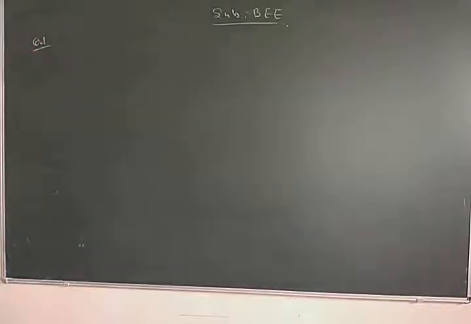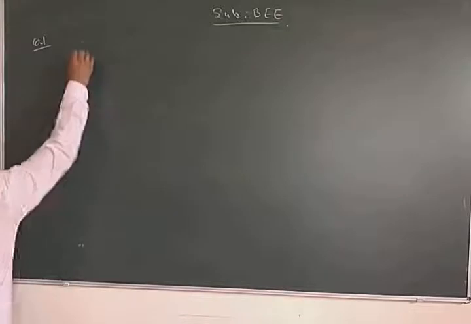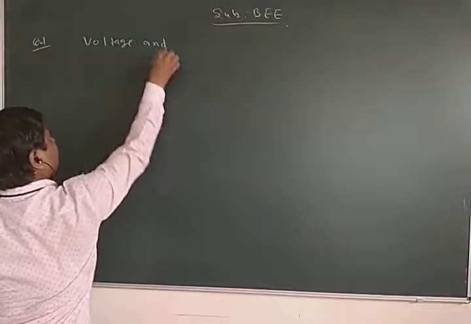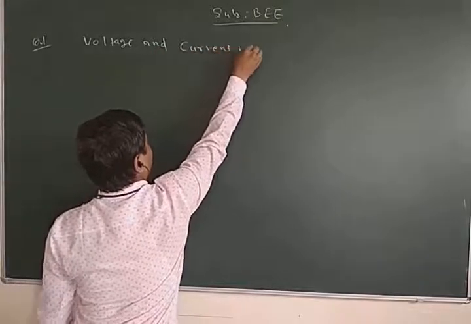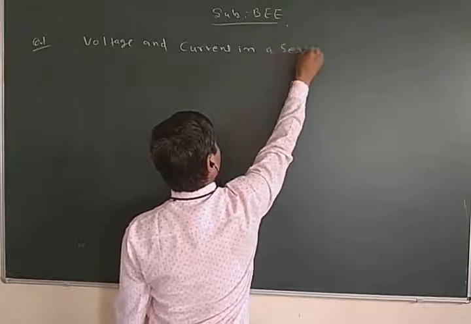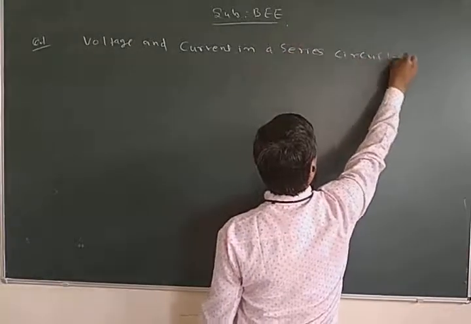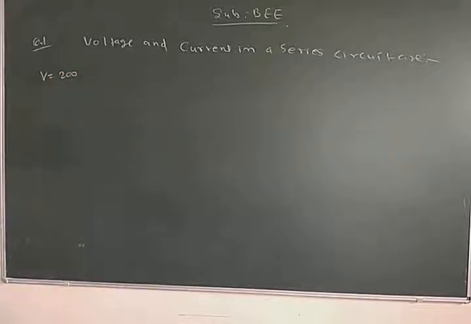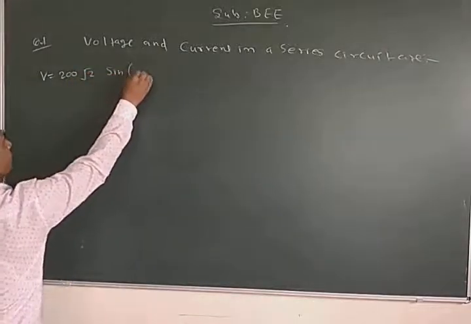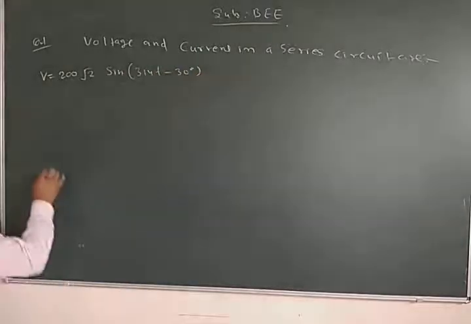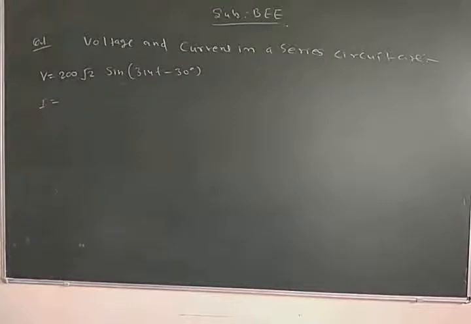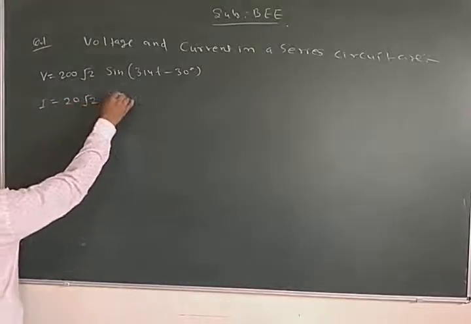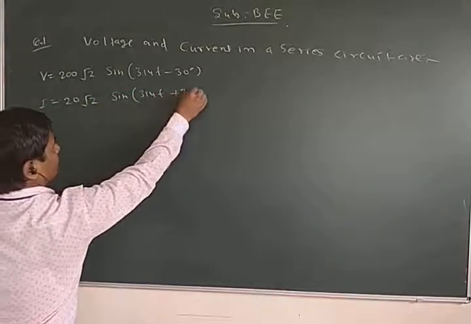The question is: voltage and current in an RC series circuit are V is equal to 200 root 2 sine (314t minus 30 degree), and I is equal to 20 root 2 sine (340t plus 30 degree).